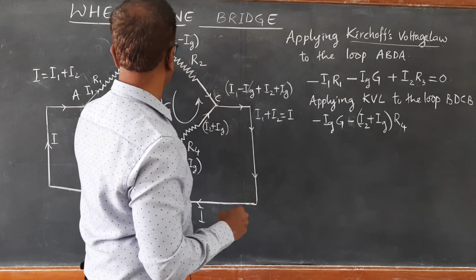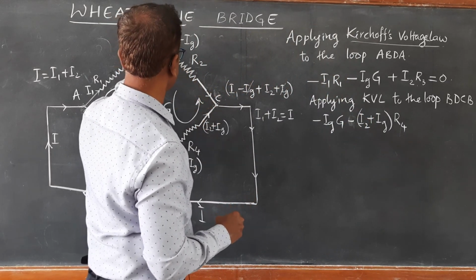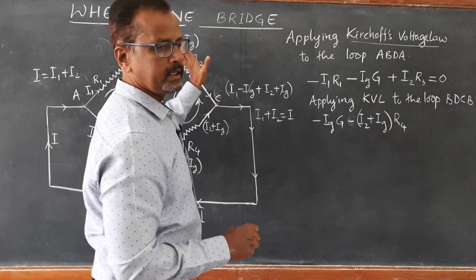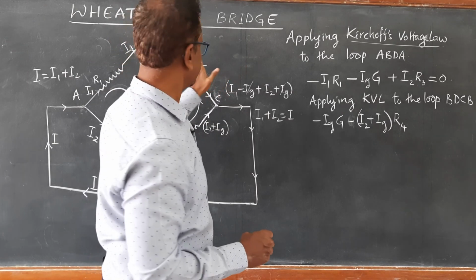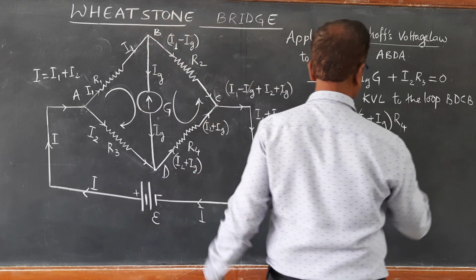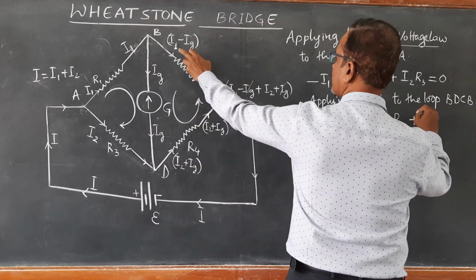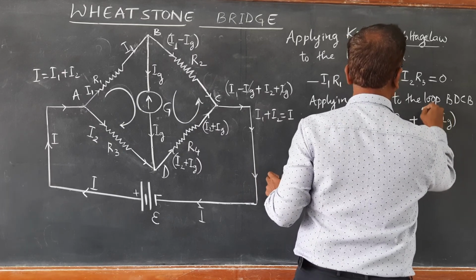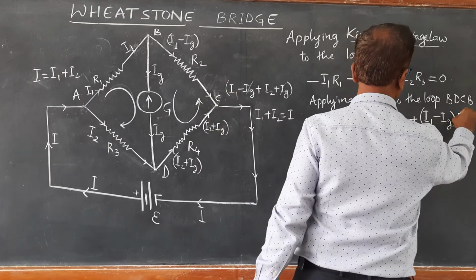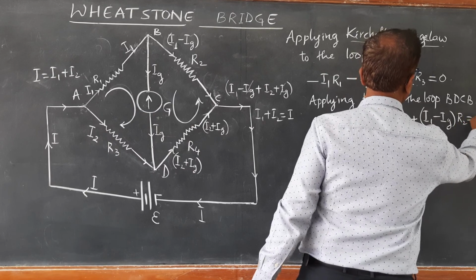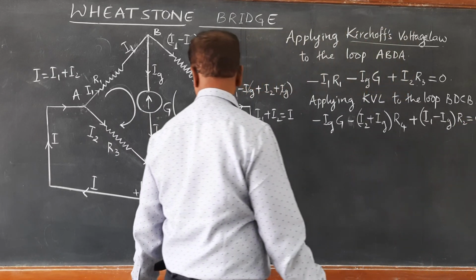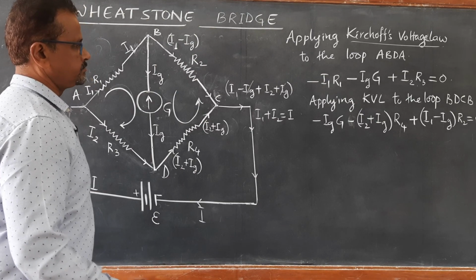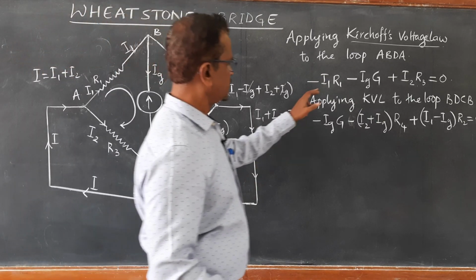And from C to B, look at this, the current is flowing from B to C. So if you move from C to B, there is increase in potential difference, therefore this is positive. I1 minus IG into R2. This is equal to 0. Okay, now we got these equations.